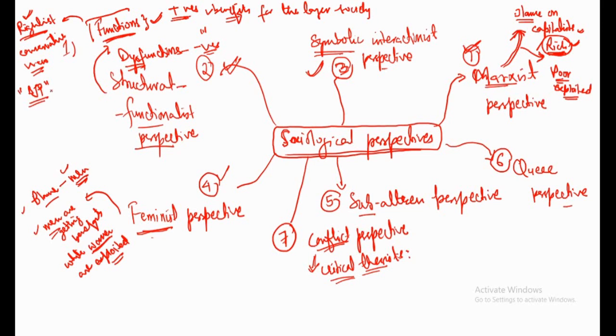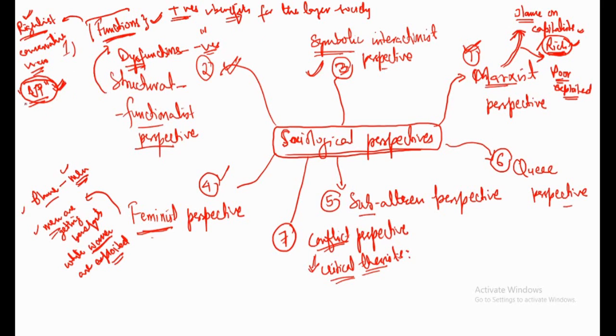Certain people have asked me how we should know whether an article in the newspaper is written from a functionalist, Marxist, or symbolic interactionist perspective.